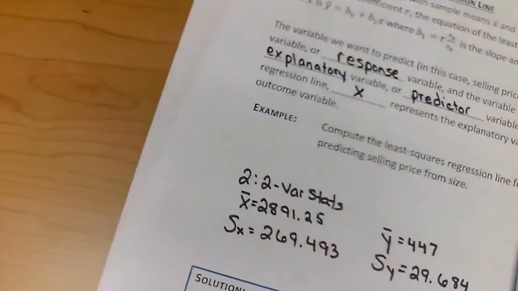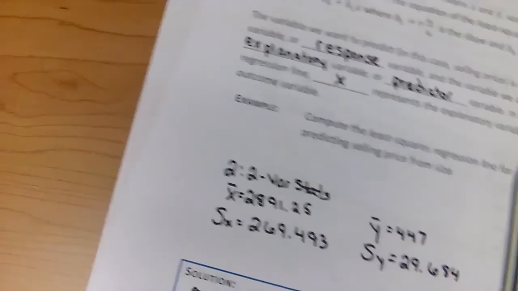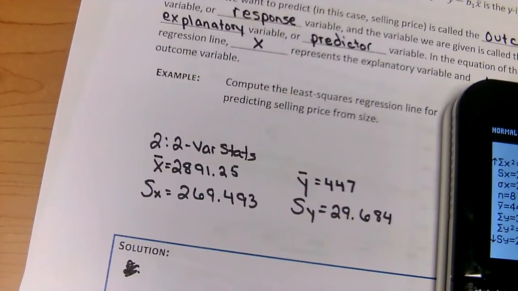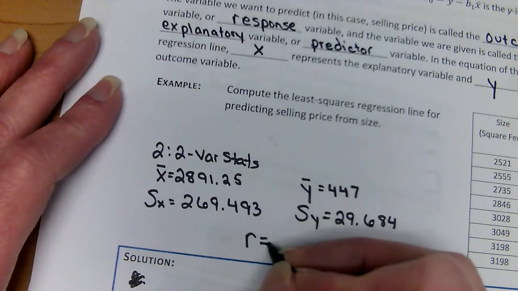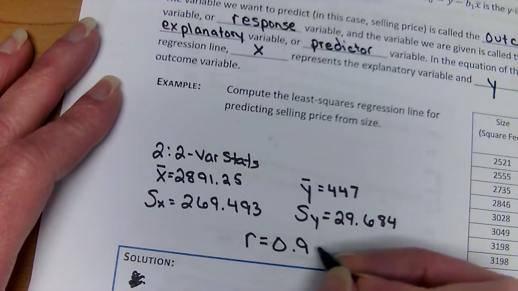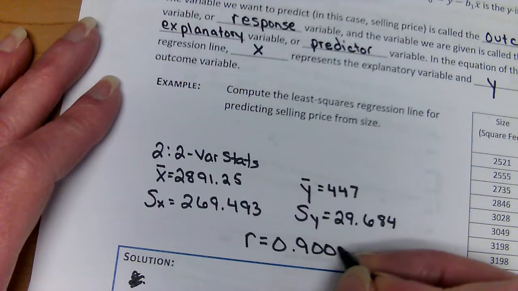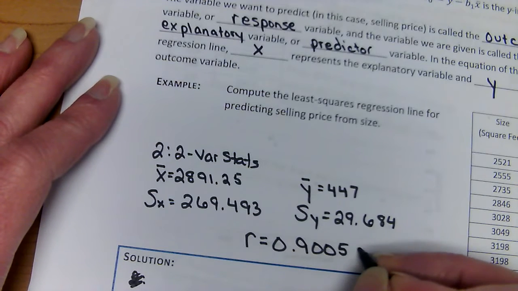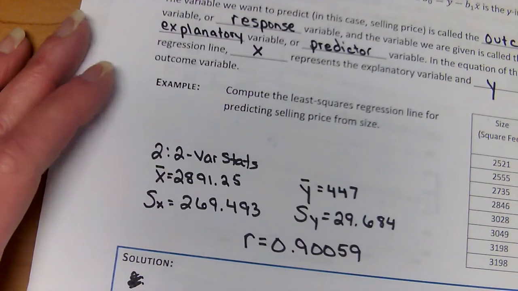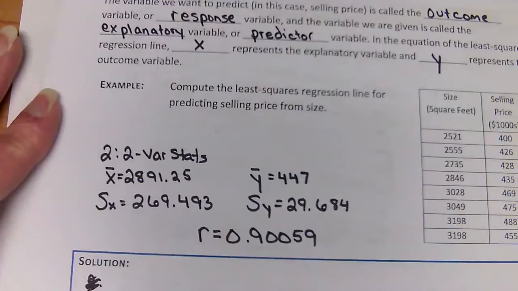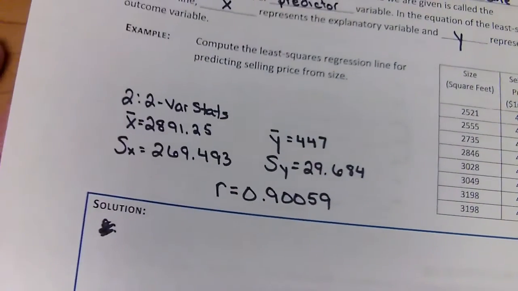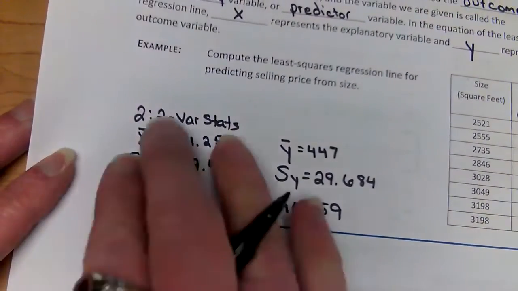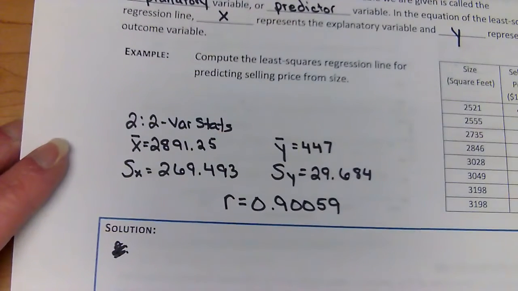Now, with that data and with our R value that we had found previously, which I'm going to write a few more decimal places, it was 0.9, but technically it's 0.90059. We can find the equation. And on some of the homework problems, they actually give you all of this information and ask you to find the line.